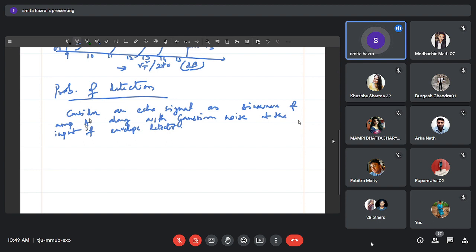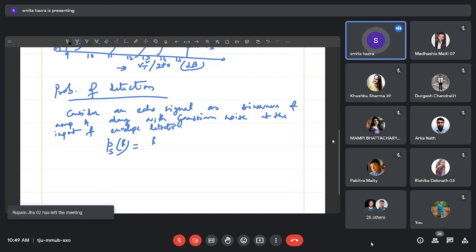Usually the envelope voltage is shown with the help of R, and we write it in terms of a probability density function. As it is related to signal detection, let us use the notation P suffix S of R, which is equal to R by psi naught times exponential.